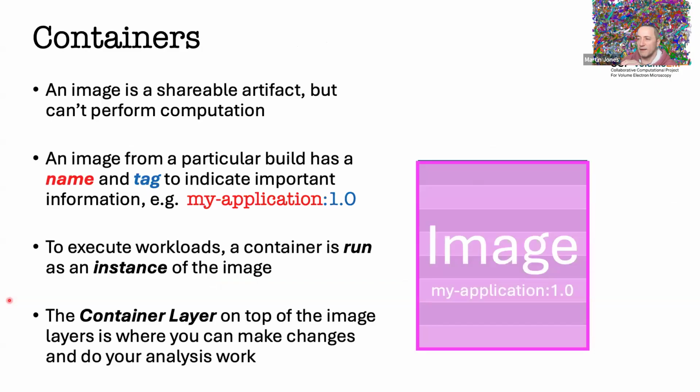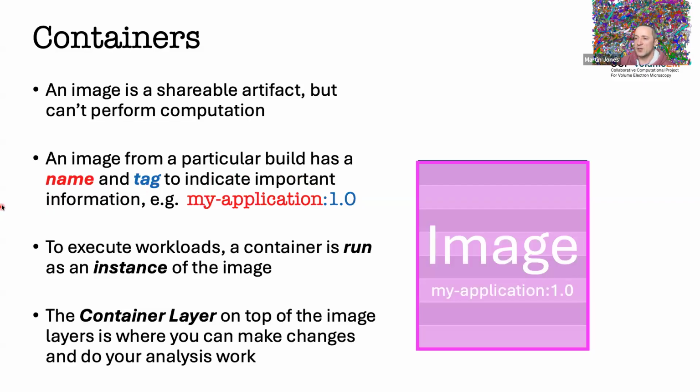An image from a particular build, you would normally apply a name and a tag to it, so you know which one it was. So I ran this analysis on my application version 1.0, so that if I have changed things in the future, I can always come back and know which exact version of the software I used for my analysis.